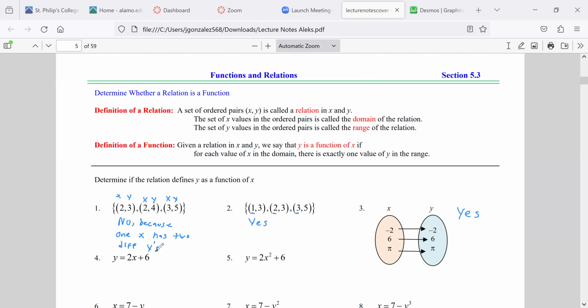For 4 and 5, it's easier to see if you graph it. Let me graph it. I'm gonna have you use Desmos as well to do just a graphing.